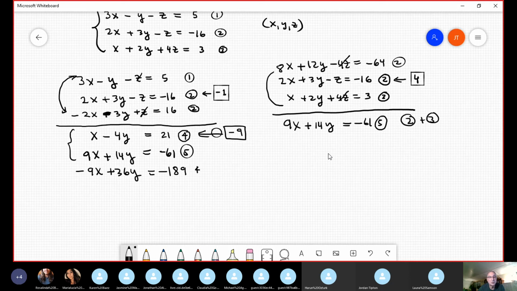And this is my new equation 4 after the multiplication by negative 9. But when you add equation 5 plus equation 4, wow, that part is cancelled. Elimination.